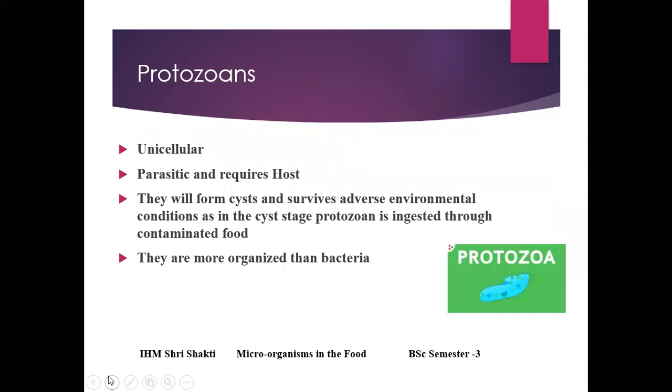Next are protozoans. These are unicellular, parasitic, and require hosts. They form cysts and survive adverse environmental conditions. In the cyst stage, the protozoan is ingested through contaminated food. So the protozoan enters the human body through contaminated food and water, and they are more organized than bacteria.